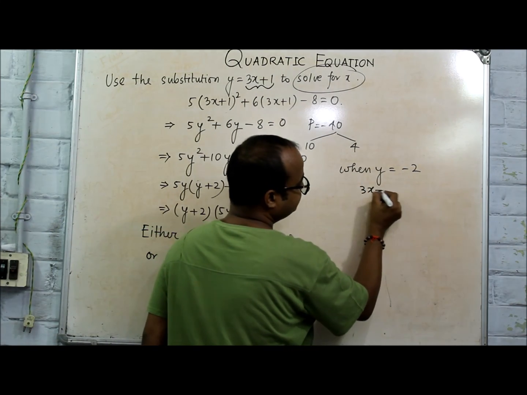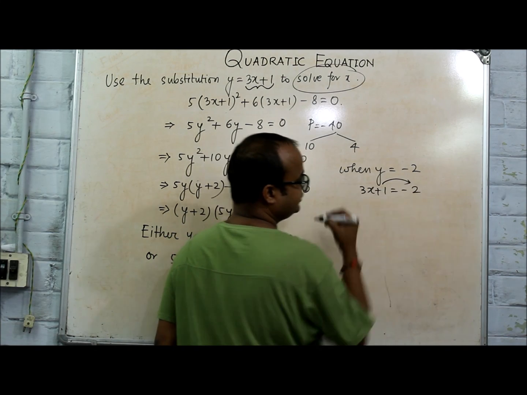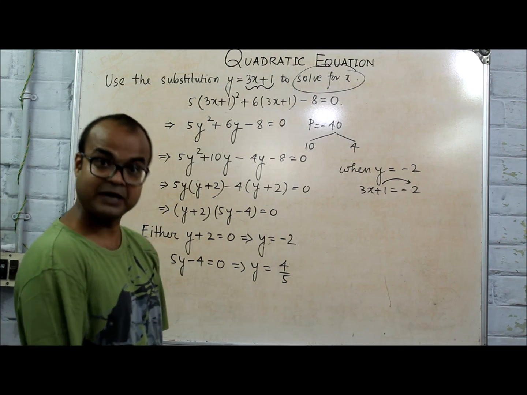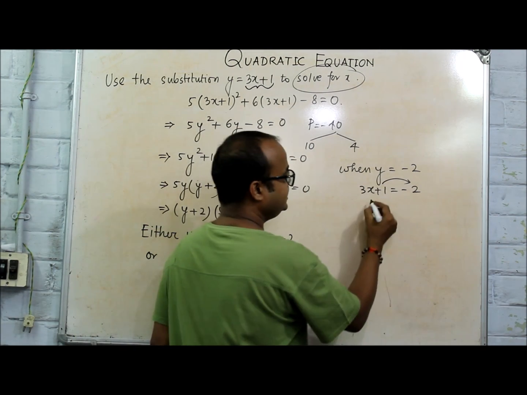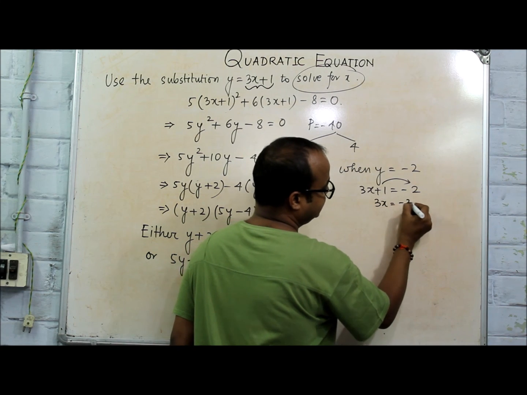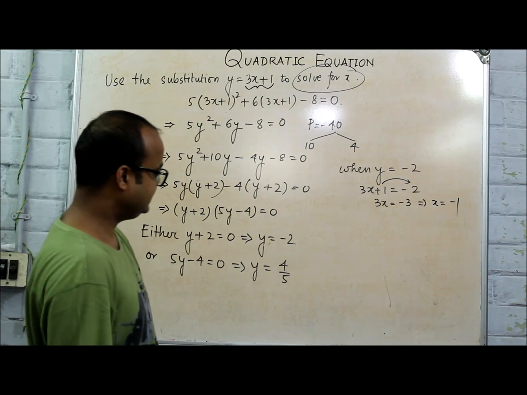That means 3x plus 1 is equal to minus 2. So if we take plus 1 to this side, that will become minus 1. Minus 2 minus 1 is minus 3. So 3x is equal to minus 3. It implies x is equal to minus 1.